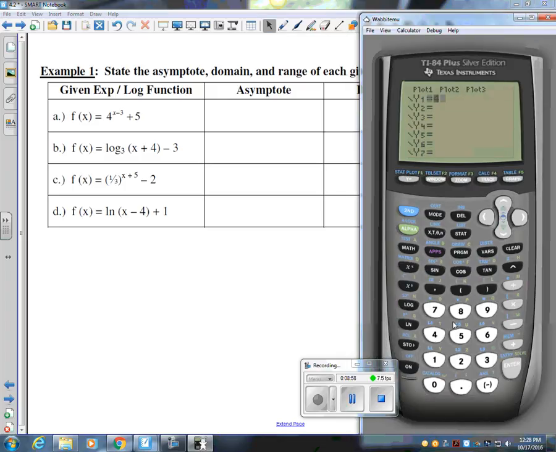All right, so I'm going to type in 4 to the x minus 3 plus 5. Type it in exactly like you see it, and then I'm going to hit graph.